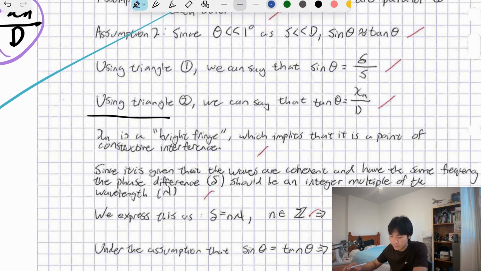As I wrote here, you should always justify when writing this. Since it is given that the waves are coherent and have the same frequency, the phase difference delta should be an integer multiple of the wavelength.